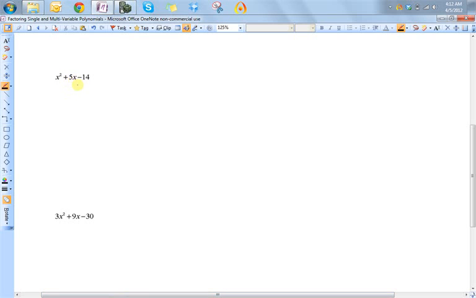Now, the larger of the two is going to have to be the positive, and the smaller of the two is going to have to be the negative, and that is because when we add them up, we need to get something positive. Okay, so we're going to have to put the positive on the number with the larger absolute value, and the negative on the smaller one.